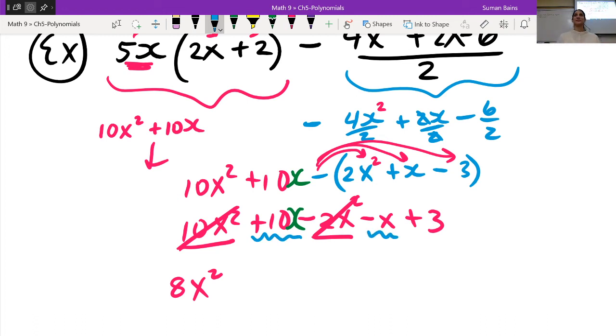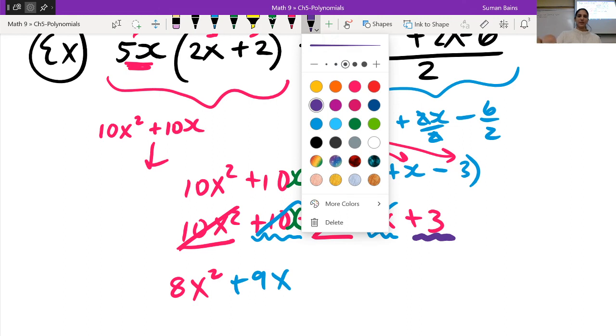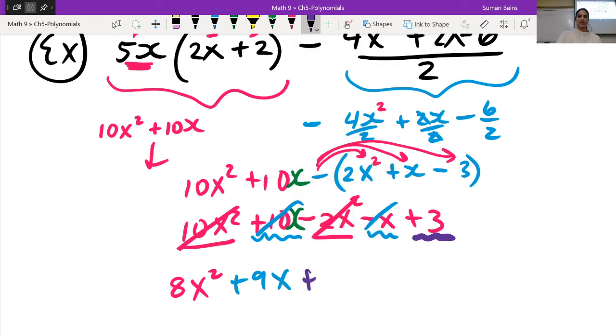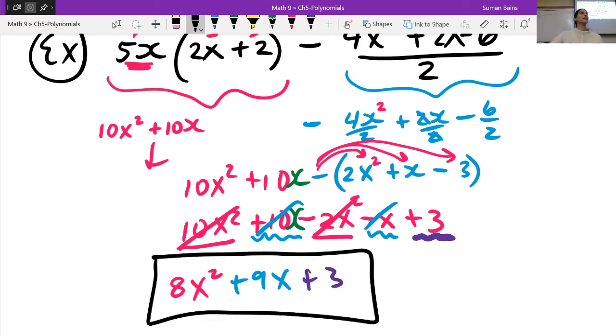What's that? Plus 9x. Right? Good. So that's gone. And that's gone. And is there anything else? Just this plus 3? So then we would just have a plus 3 at the end. Good?